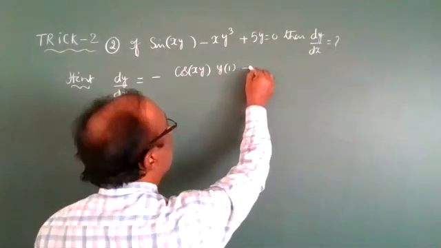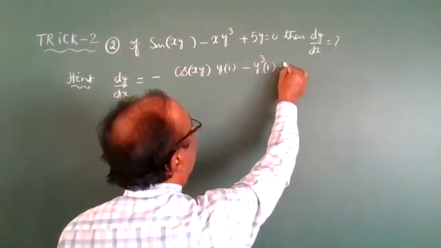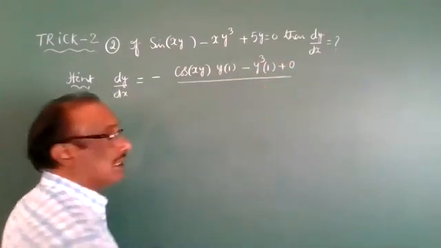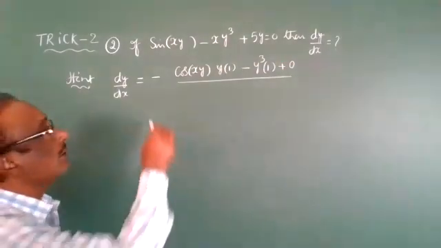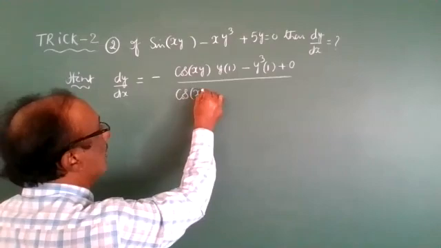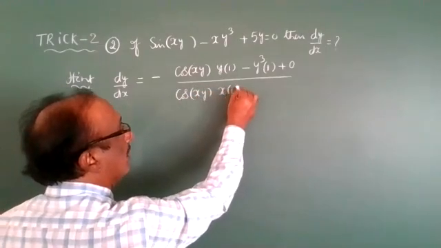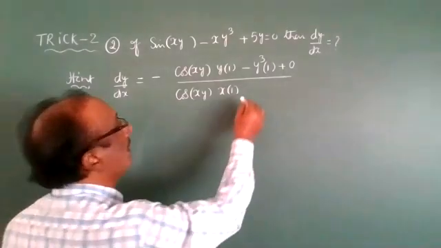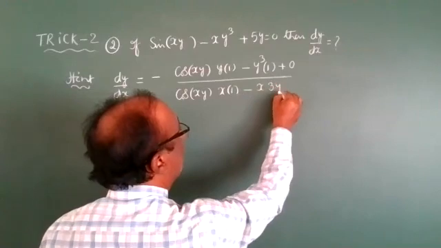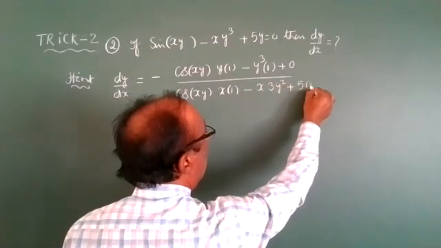Minus, y cube coefficient, x derivative is 1. 5y is a constant single y term, so 0. Partial derivative with respect to y: sine derivative is cos of xy, x with y, x coefficient, derivative with respect to y is 1. Minus x coefficient, y cube derivative is 3y square. 5 coefficient, y derivative is 1.